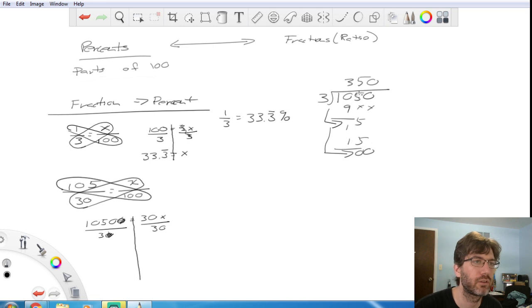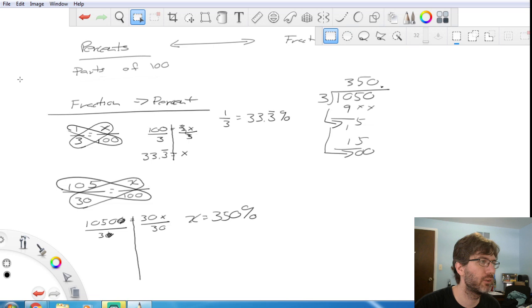So you're getting 350. So x equals 350, and therefore it is a percent. We add the percent sign to it. So it's really not too difficult. You're just dealing with fractions that have a denominator of 100, and then reduce if possible.